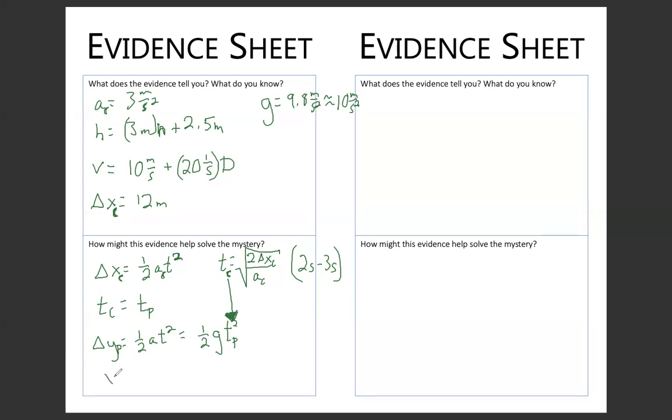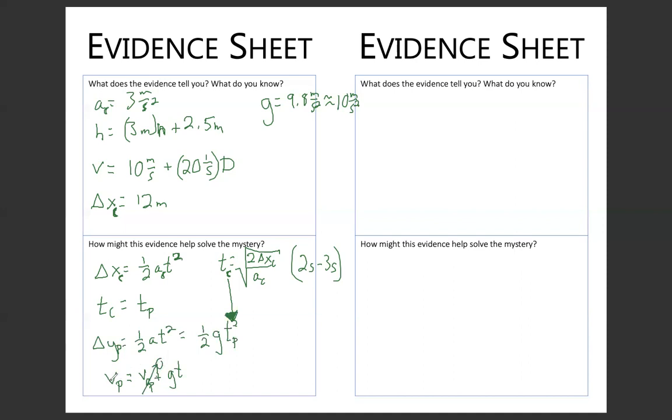We could also figure out the speed of it upon impact, right? Because v equals, well, v naught plus at. The acceleration in this case is g, but the plant was just dropped, so v naught is 0 as well.